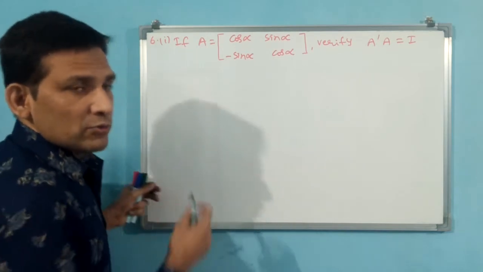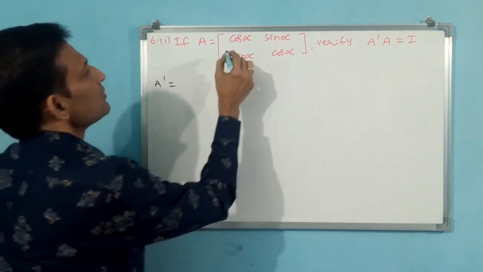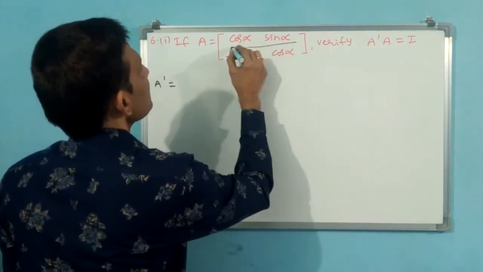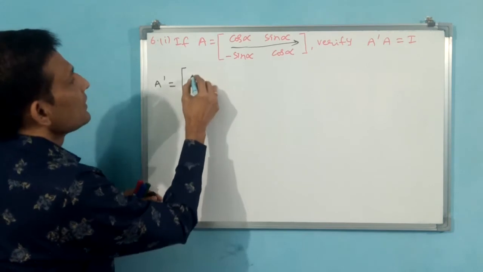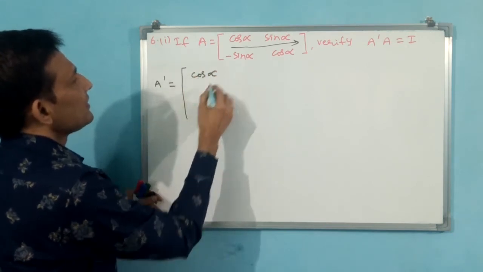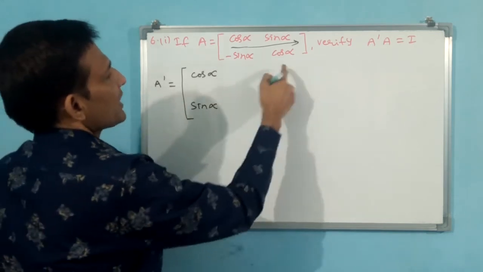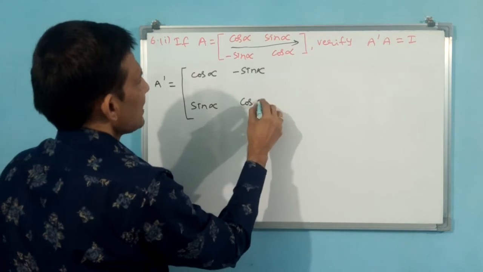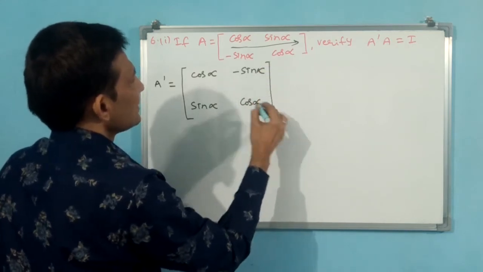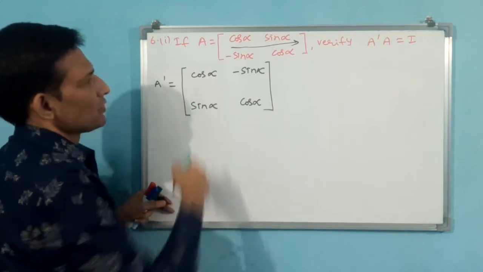First, you have to do A transpose. A transpose is equal to: this row is going to become column, cos alpha, sin alpha. Now the second row is going to become second column, minus sin alpha, cos alpha. This is A transpose.